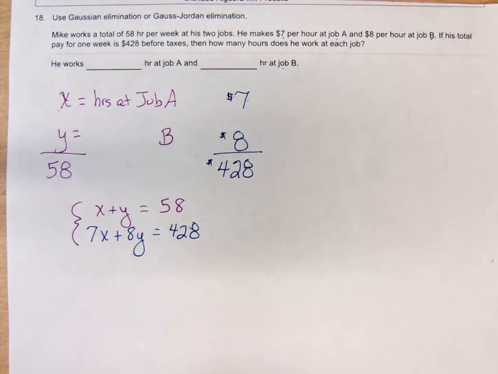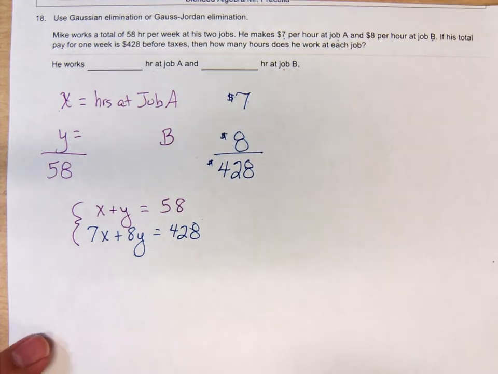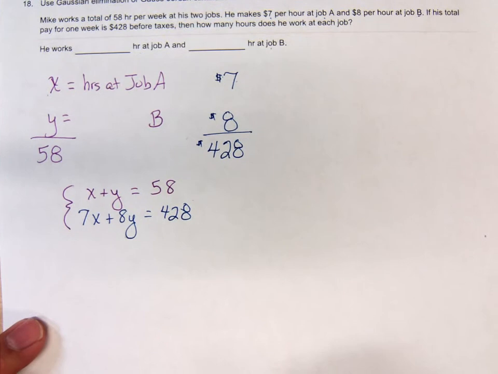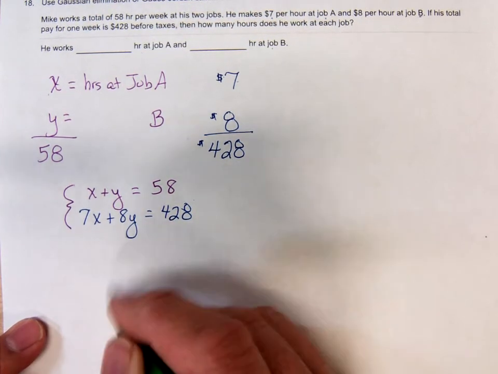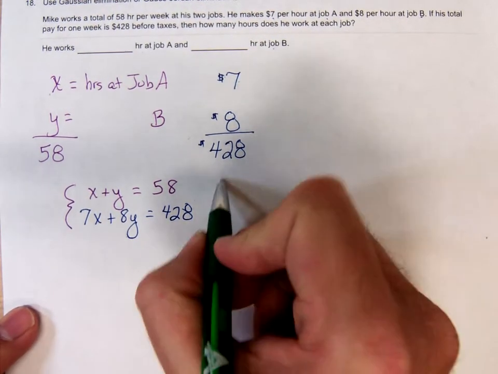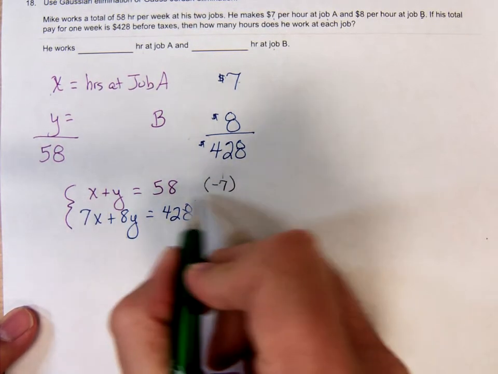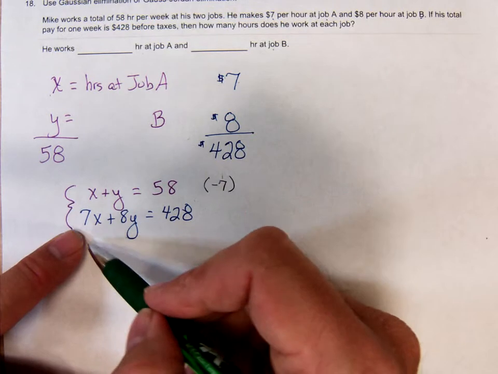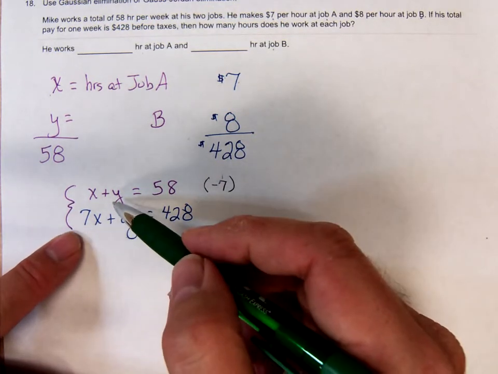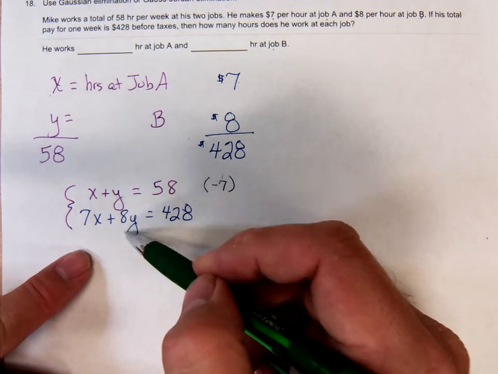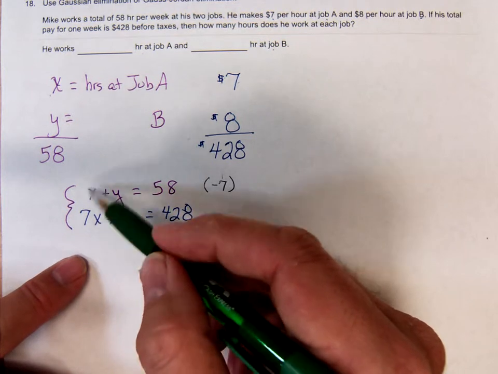Let me see. I think we have time to go ahead and finish this one up. I was just going to set them up, but I'll do it with elimination. If you want to write out the matrix, okay, I'll leave that up to you. I'm going to multiply this top row by -7, and you might wonder, well, why not do -8? Well, I could do -8, but then I'm going to wind up with a negative X that I have to get rid of.